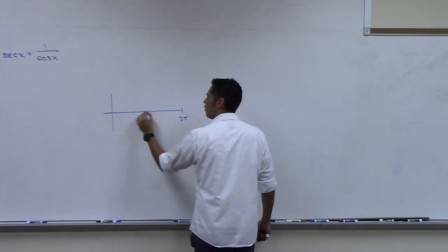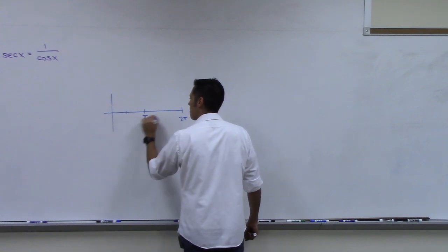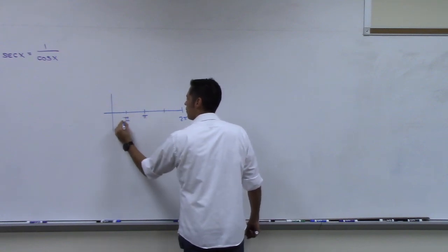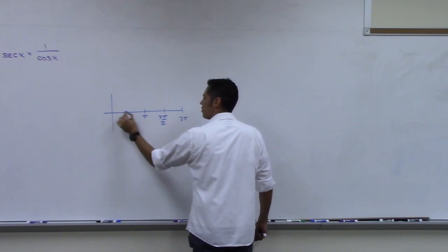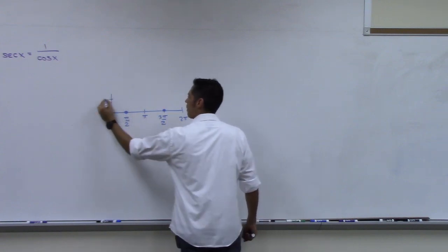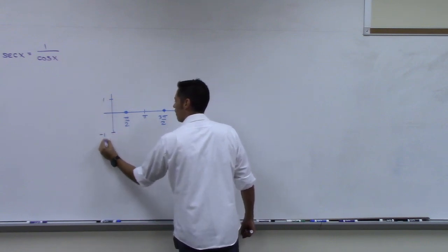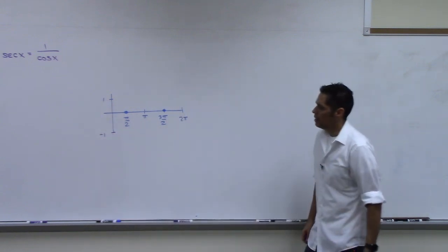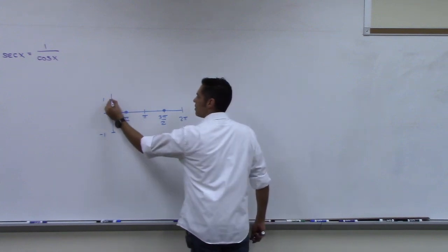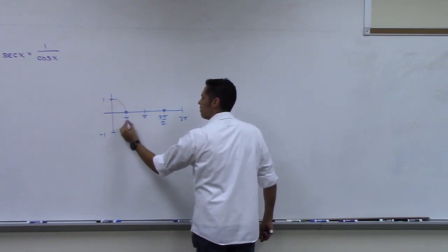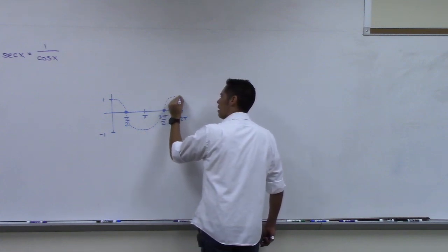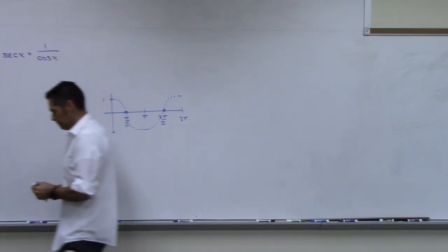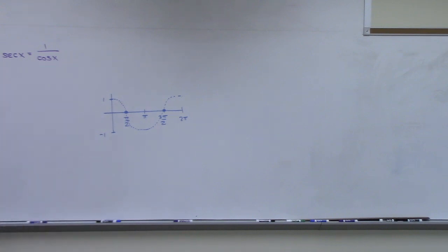Cosine still had some important stuff going on between 0 and 2 pi. But it had its x-intercepts here and here. And then the standard cosine function started out up top here, down through, and then it came back up like that. So there's your cosine.